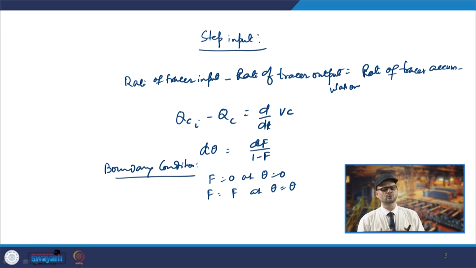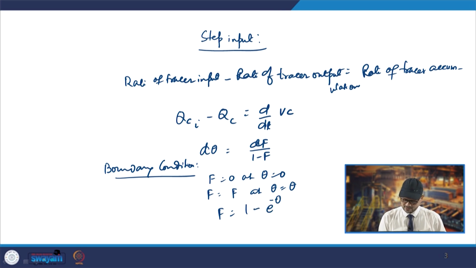If you try to have the integration, by integration you get f equal to 1 minus e raised to the power minus theta.